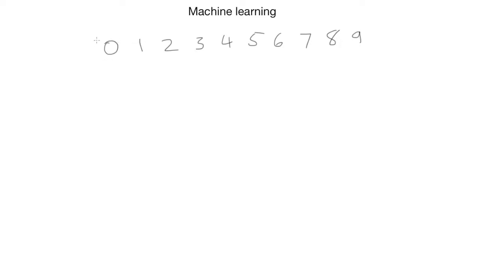So how might we go about doing that? Well, for each of the digits, you can digitize it. You can take, let's say, a picture and represent it by an n by m array of pixels. Let's say we have 20 by 20 pixels.